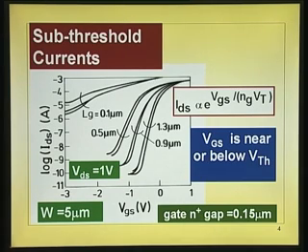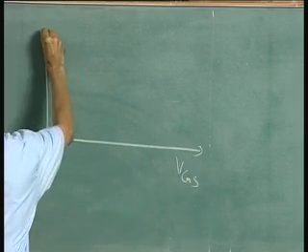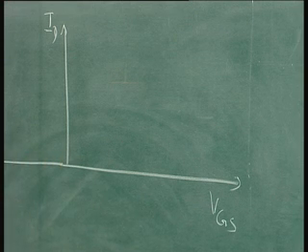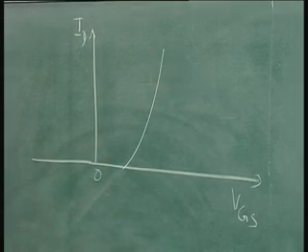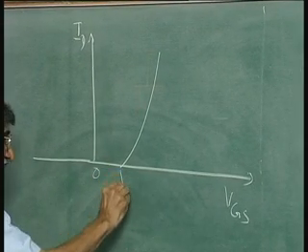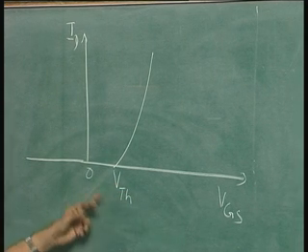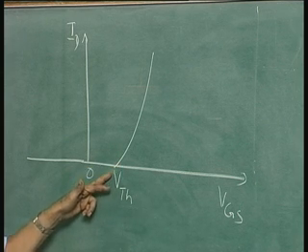What I am pointing out here is, normally when we plot VGS versus ID, you have a characteristic where we define the threshold voltage. This is an enhancement mode type of device. Threshold voltage is positive, so you must apply a positive gate voltage to turn the device on.